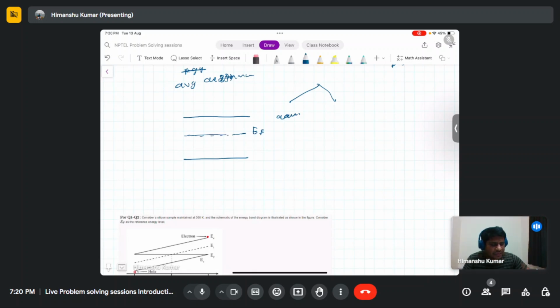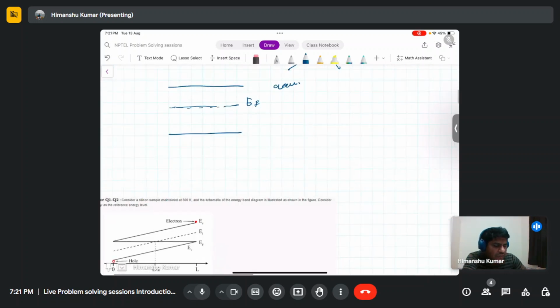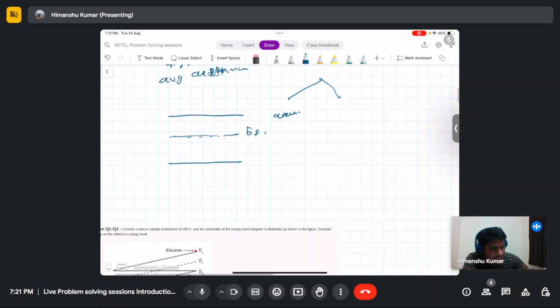There you define two Fermi levels. For equilibrium, the electron and hole Fermi levels are equal, so En equals Ep equals EF. But in the non-equilibrium case, suppose you shine light or inject carriers somehow by applying bias, then EFN and EFP separate.